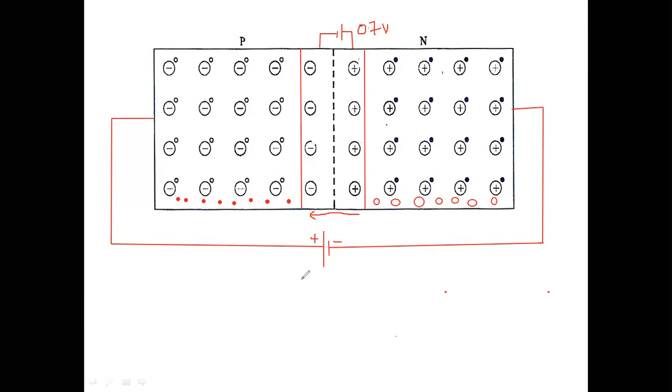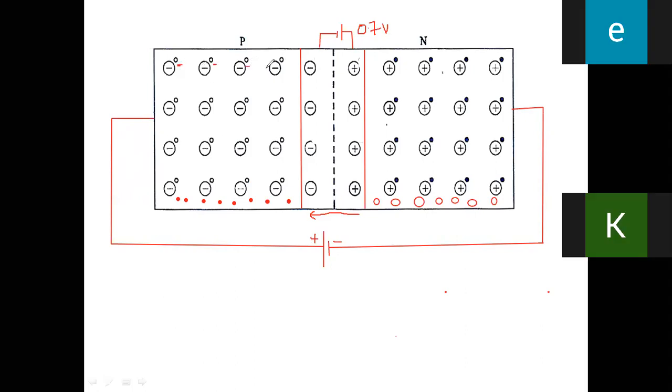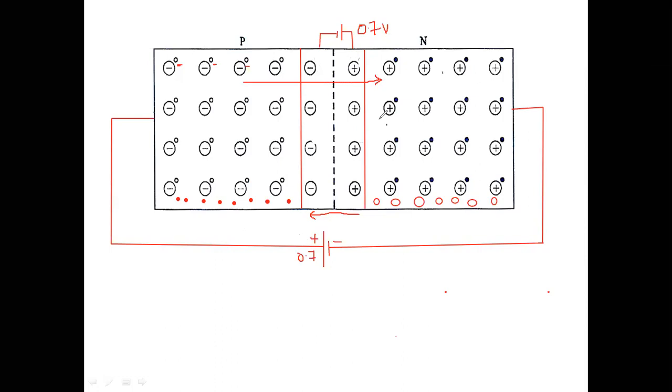Due to this positive supply, the holes, which are majority charge carriers in p type, will be repelled.